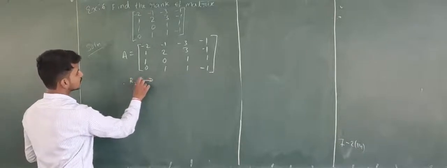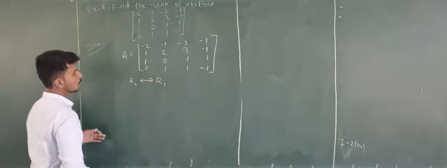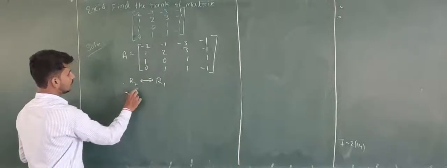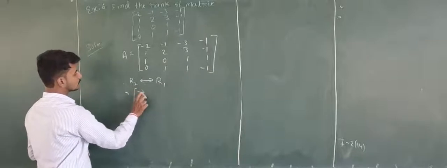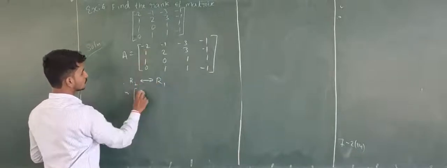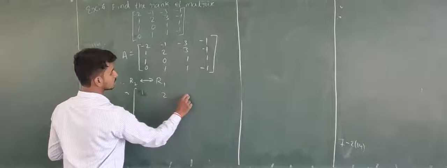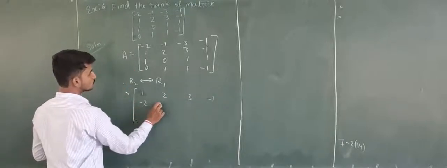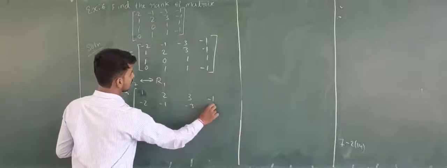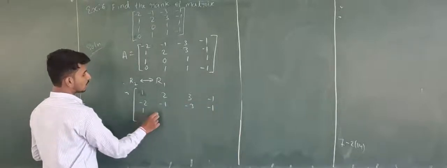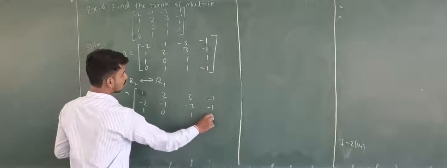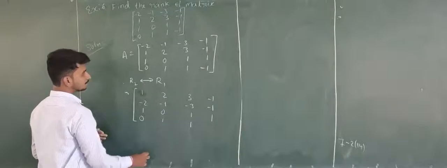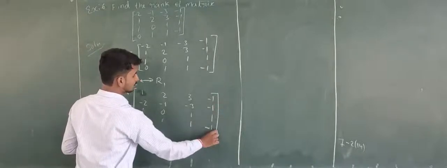So we take row 2 as row 1, that is 1 2 3 minus 1, and now the second row will be minus 2 minus 1 minus 3 minus 1. The third row will be 1 0 1 1, and the fourth row will be 0 1 1 minus 1.